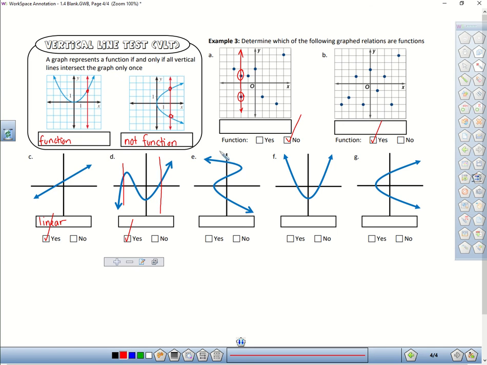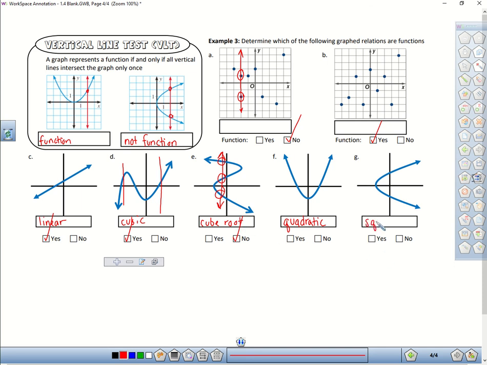Now here, this looks like a cube root function. And as you can see here, when I draw a vertical line, this one easily you can see that you cross actually 3 points. So this one is not a function. Now this looks like a quadratic. Now you don't have to fill these in, but it could be helpful.